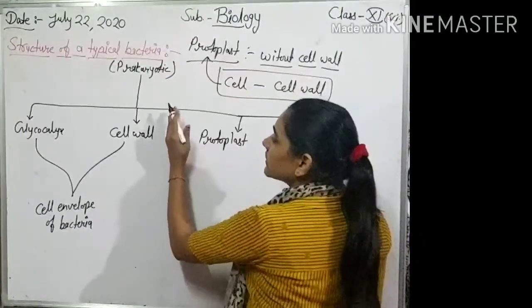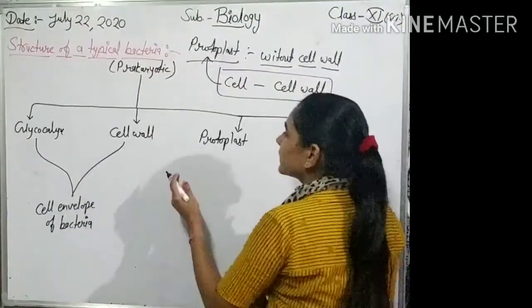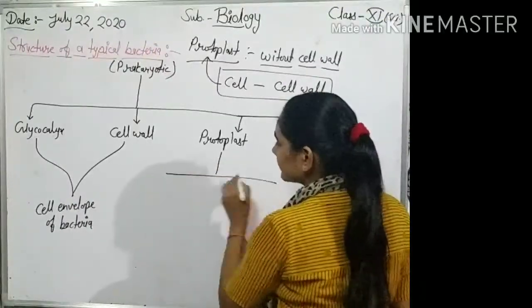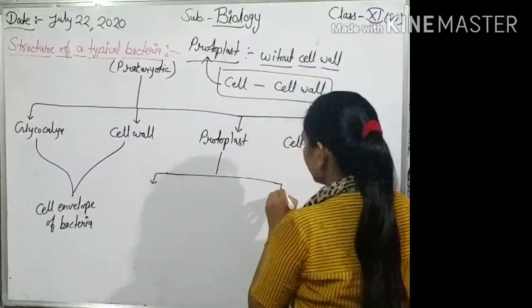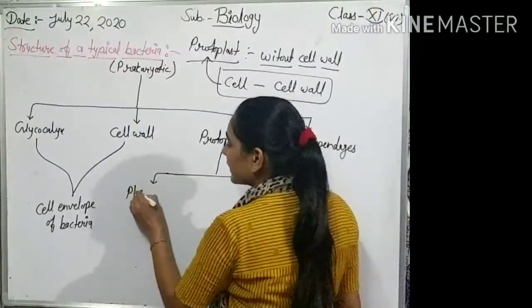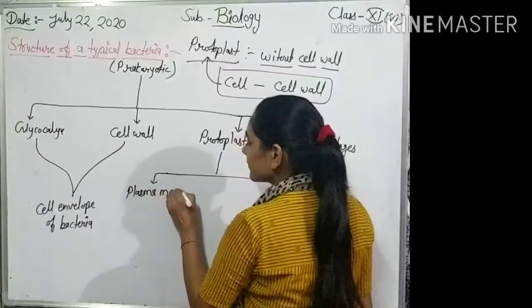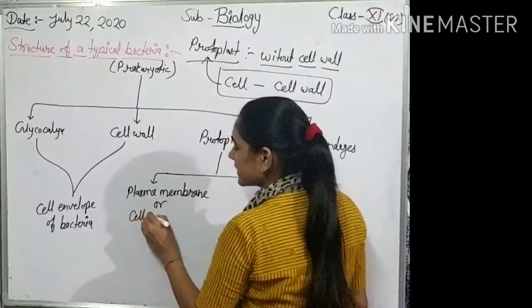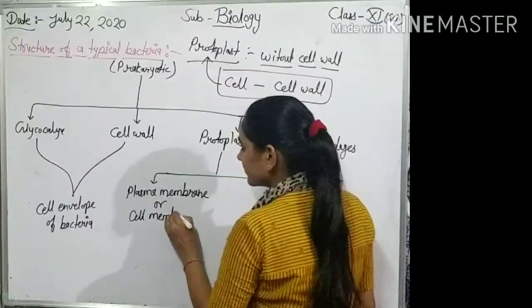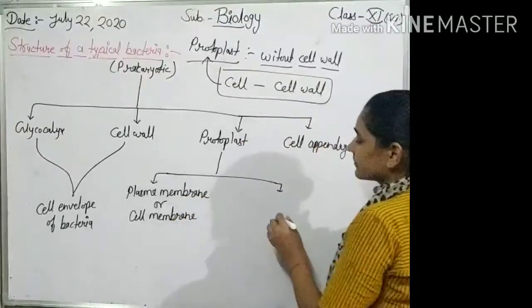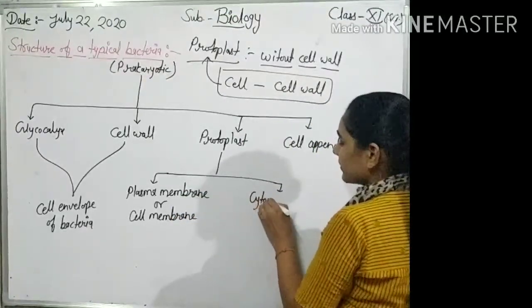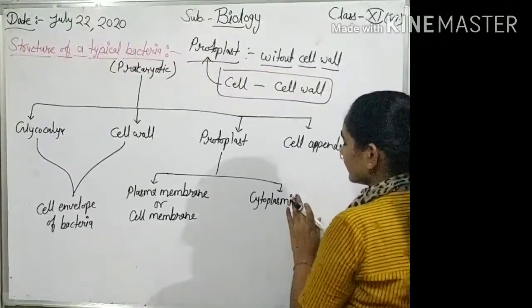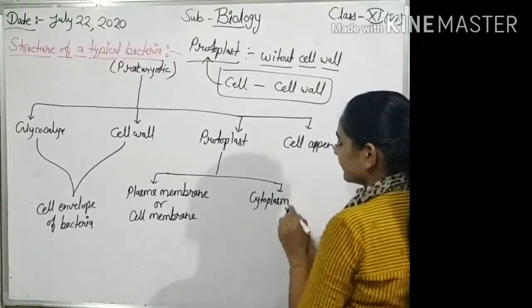So cell wall is part of the cell envelope, and the remaining part is the plasma membrane or cell membrane of bacteria, and cytoplasmic contents or cytoplasm.